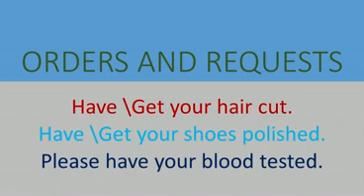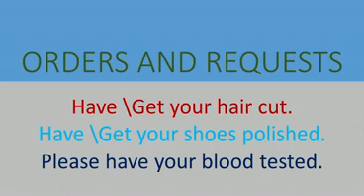Then we can use these structures to give orders and make requests. We know when we give an order or make a request, we use the basic verb first. For example, we can say bring some tea, or go home, or write a letter. These are requests or orders. So we can say have or get your haircut.